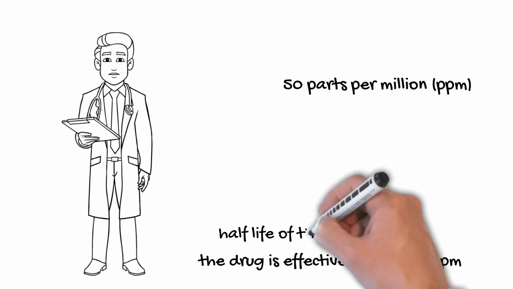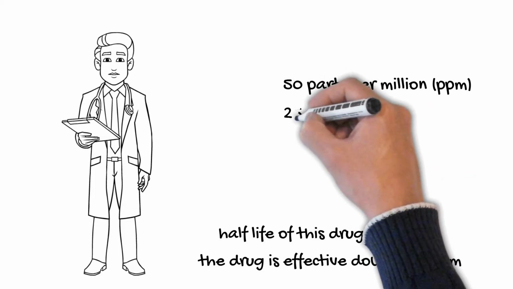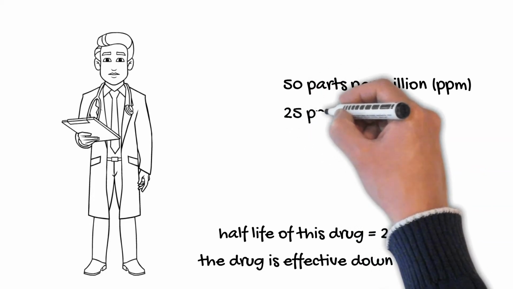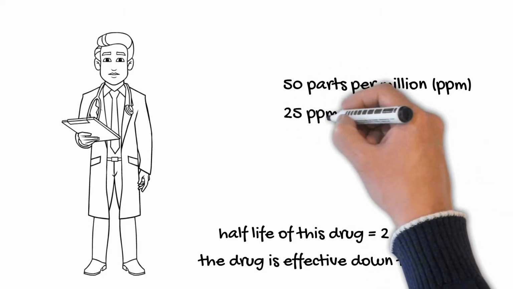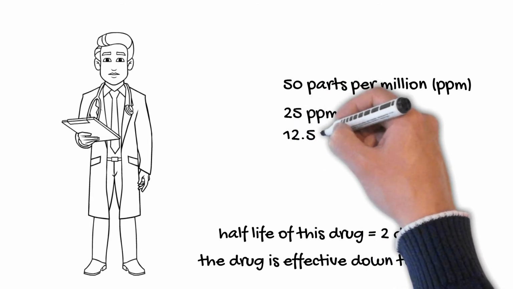Let us pretend again to keep life very simple here. It's related to time again. So suppose that the half-life of this drug is 2 days. That means after 2 days, the 50 parts per million have become 25 parts per million. Then after another 2 days, that's clearly down to 12.5.